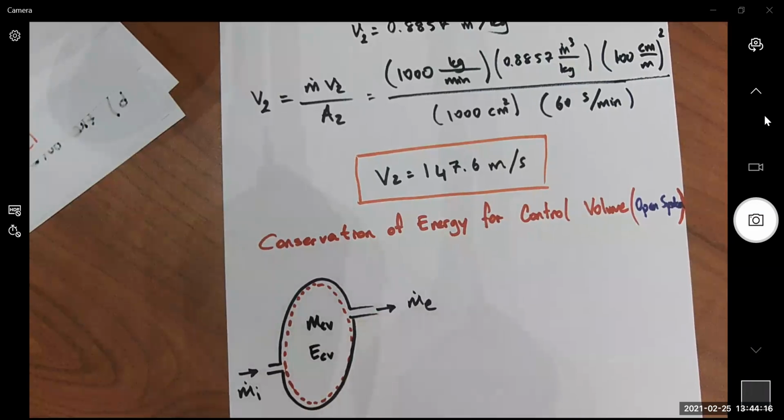What accumulates inside the system is mass plus energy. What differs an open system from a closed system is that we have additional mass flow.